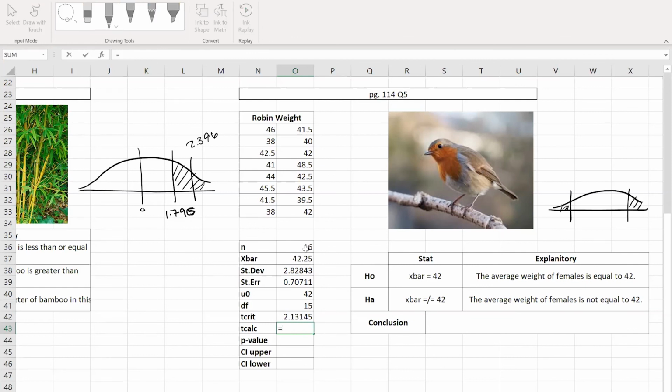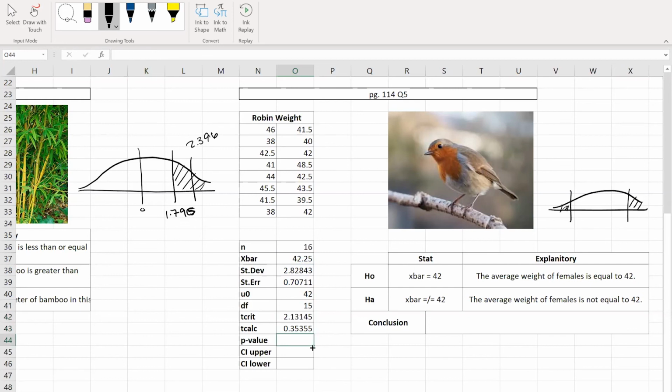Our t-calc is our sample mean, which if you just look at it is 42.25, not very far off from 42. So expecting that we're going to have some pretty similar, pretty small values. Yeah, that is 0.35 standard deviation units from the mean, and much, much less extreme than our critical value.